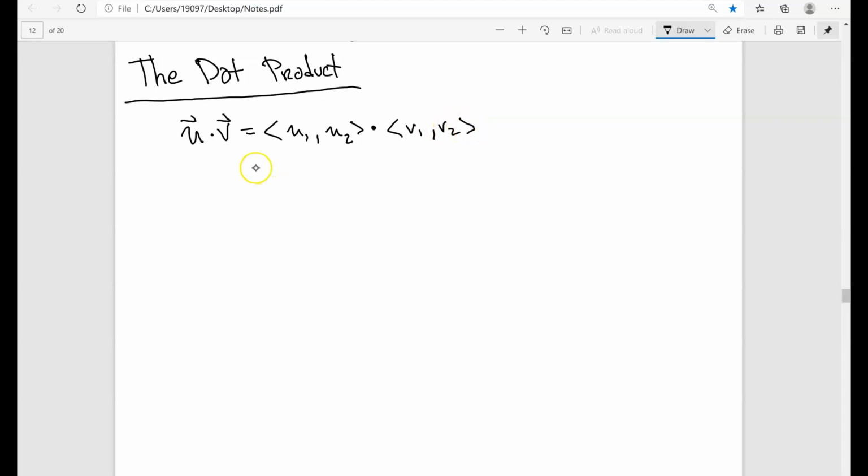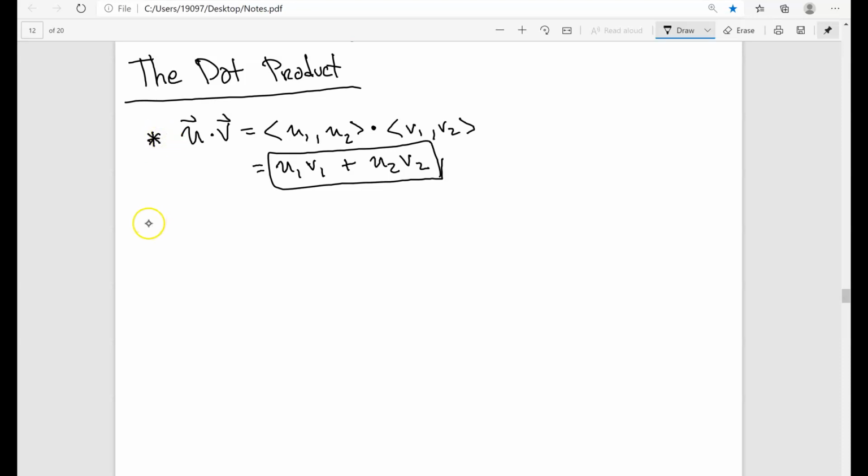Then what this means is that you multiply the components together, u1 and v1, and add the product of the y components, u2 and v2. So this is basically what the dot product is. The dot product is just the multiplication of each component, and then you take the sum of the products.